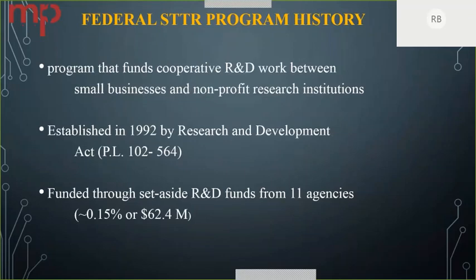The STTR program also has its history, back in 1992, 10 years after the SBIR program. It is to establish research and development in a different way: by non-profit organizations, universities, colleges, federal research and development organizations, federal agencies, and things like that.